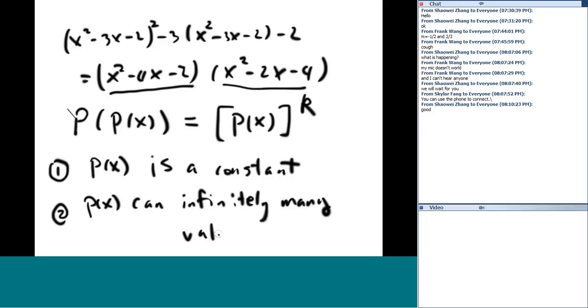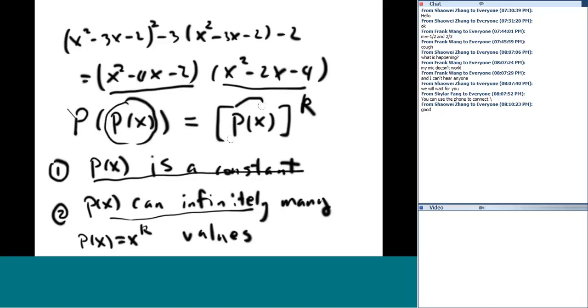If that one is the constant it should be easy, and then P(x) can only be x to the k, because of infinitely many values. Next chapter we're going to learn functions.